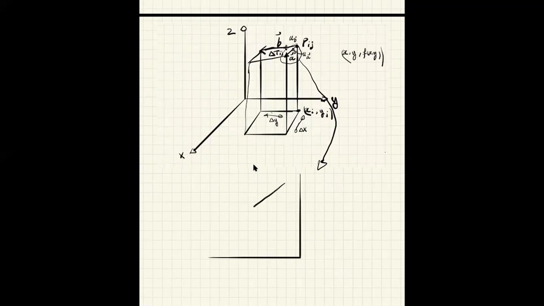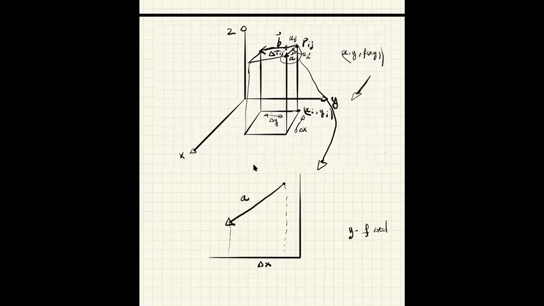So we're looking to find this vector here, A, right? And this is our point, and this is our point, and this is delta X. And here Y is fixed, some Y is fixed. We're moving in this direction here.